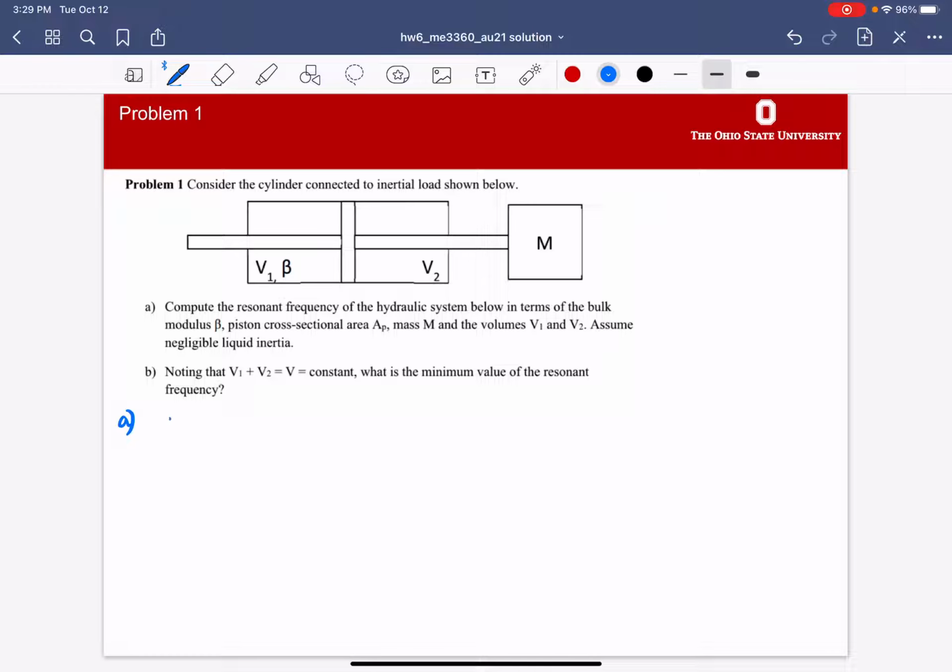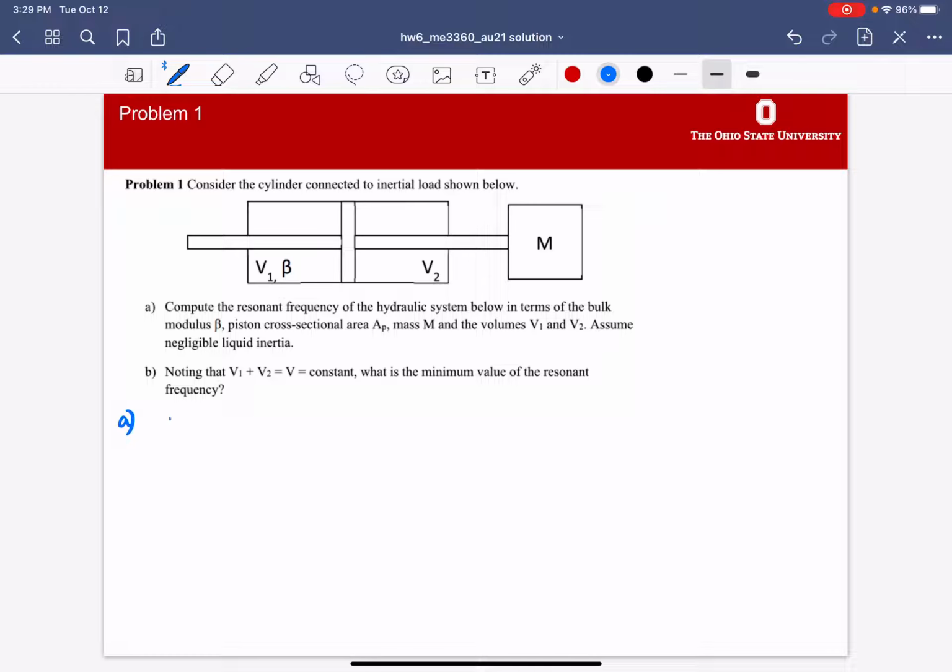So let's first just write down the formula for bulk modulus. As you know, this is given by the change in pressure divided by the change in volume per unit volume.